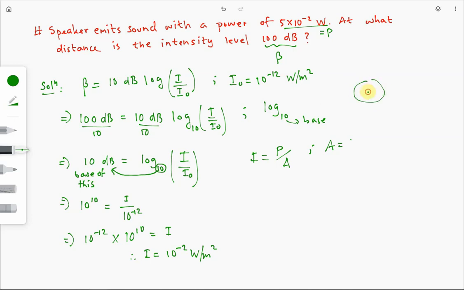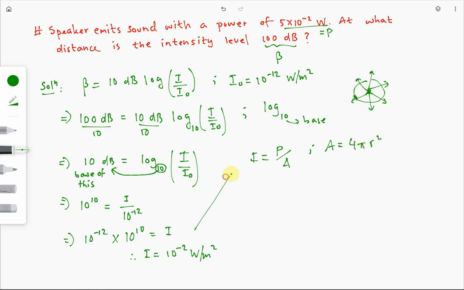From the source it will spread out spherically. Therefore the area is the surface area of a sphere. The area it spreads over is just 4 pi r squared, the radius being the distance from the center to the boundary of the sphere.